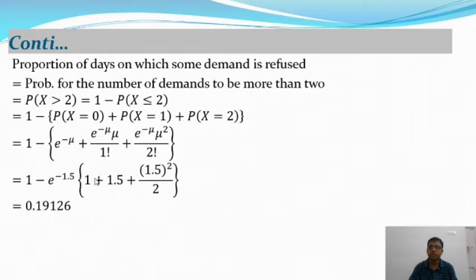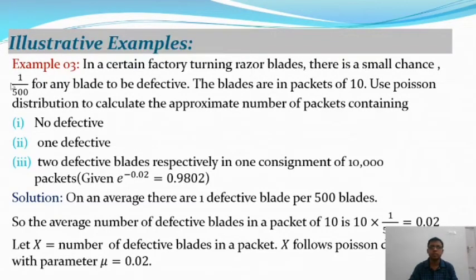After putting the value of mu, we get the required value of the probability, which is 0.19126. So the proportion of the days on which some demand is refused is equal to 0.19126. Okay. So after that we are going to take one more example on the Poisson distribution.